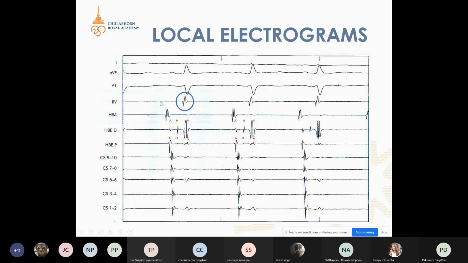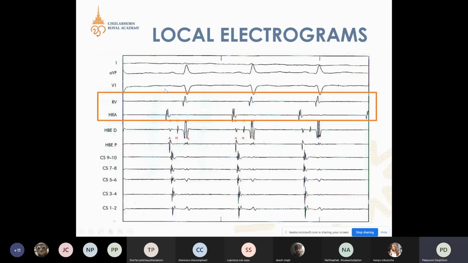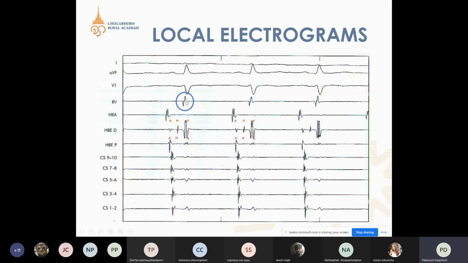So the ventricular electrogram should be seen inside the QRS complex on the local electrogram tracing, just like this.